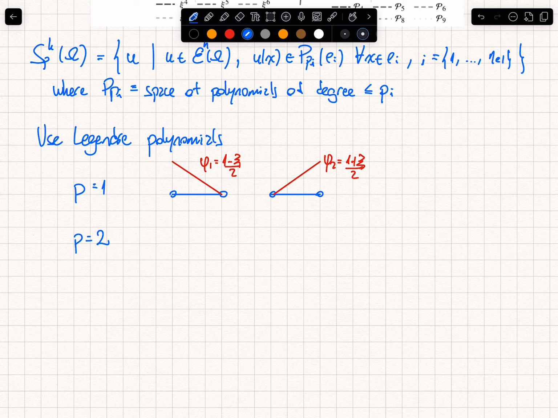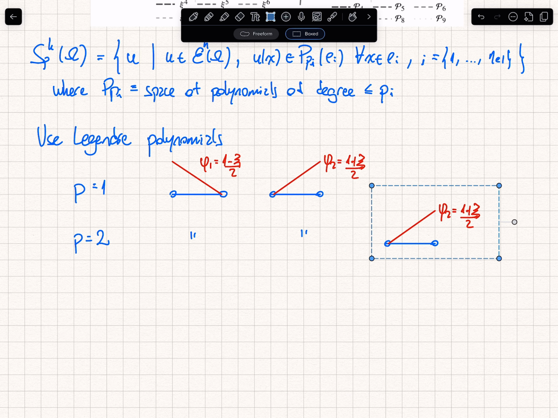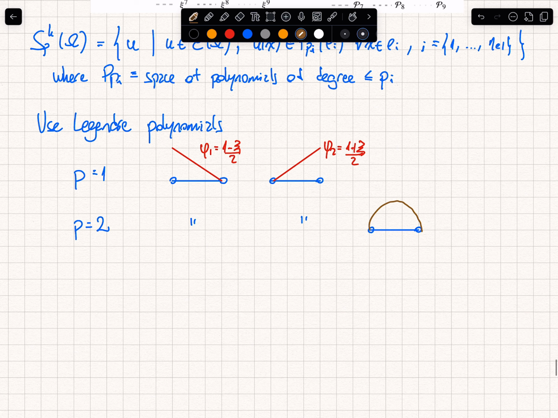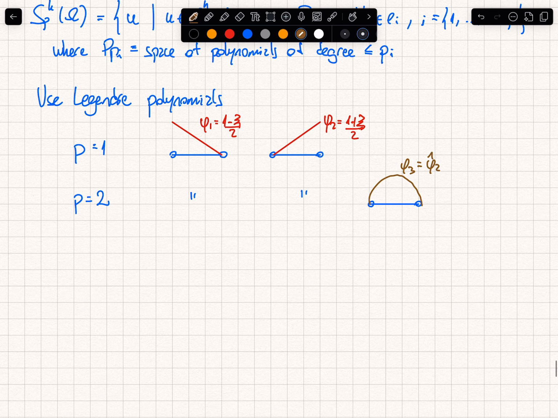And so for p equals 2, of course, I'm going to keep these ones. But then I'm going to be adding something else. Let's say that one, right? And this is going to be phi3, which is equal to phi hat 2, and you will see what that means in a second.